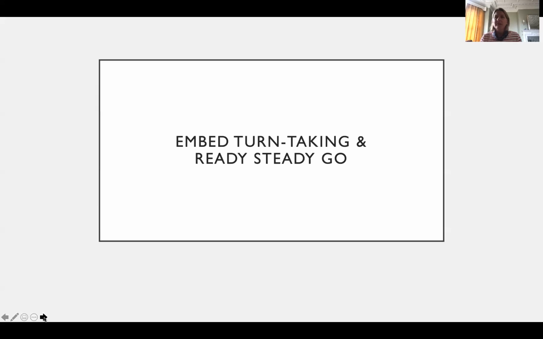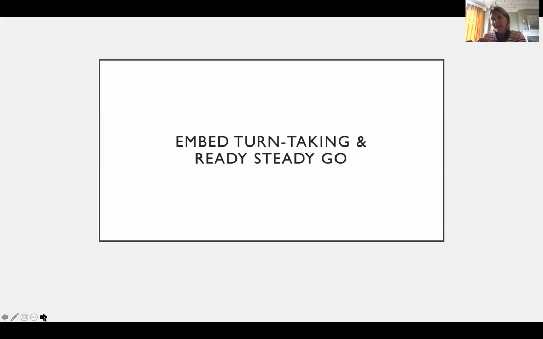And the good thing about this is I am embedding a little shot of work on listening and attention into an activity that wouldn't normally be seen as an auditory or a listening activity. But because of the way that I'm using the resource, I'm turning it into a chance to work on those skills.